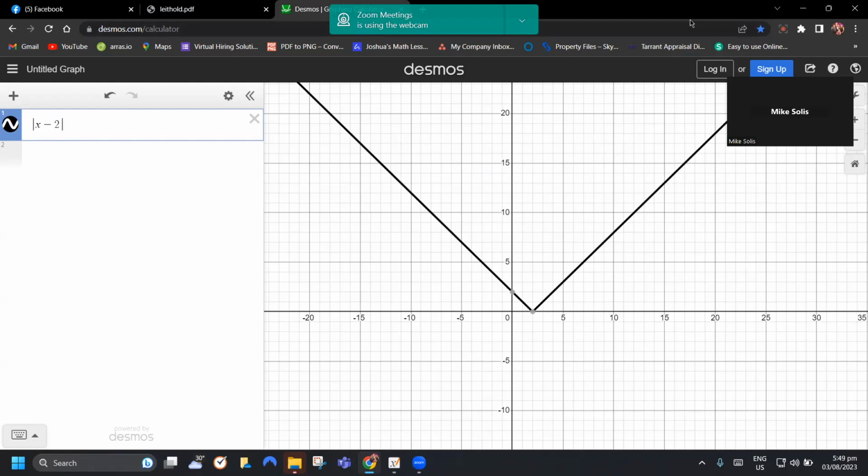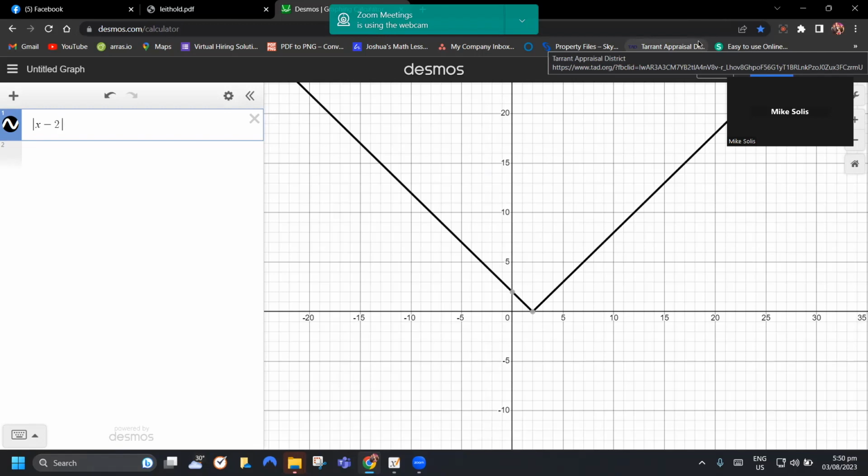So, first interval is from negative infinity to... Teka.